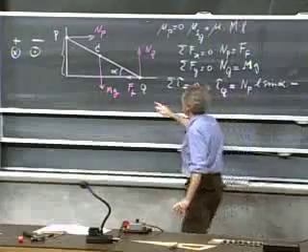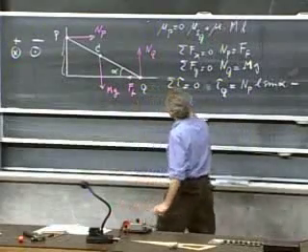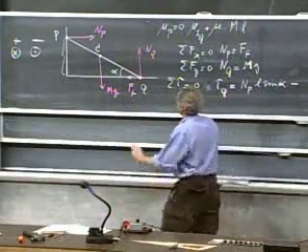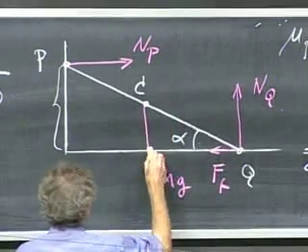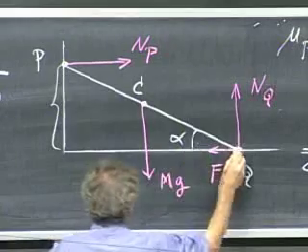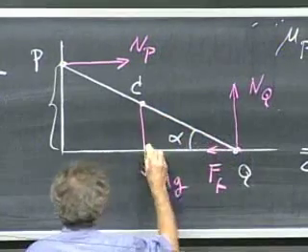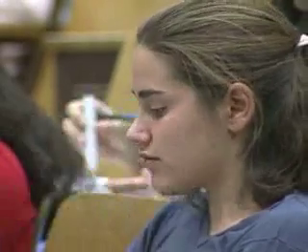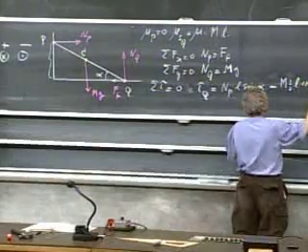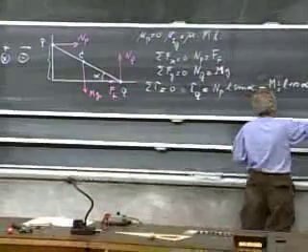The next one, mg, is going to be a negative torque. Now I need the cross product between the position vector and mg. That is the length here, which is 1/2 L cosine alpha times mg. So mg times 1/2 L cosine alpha, and that sum must be 0.